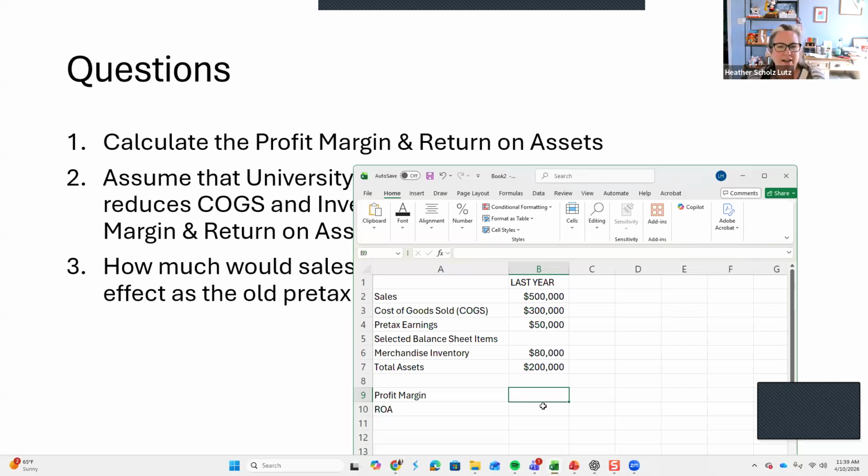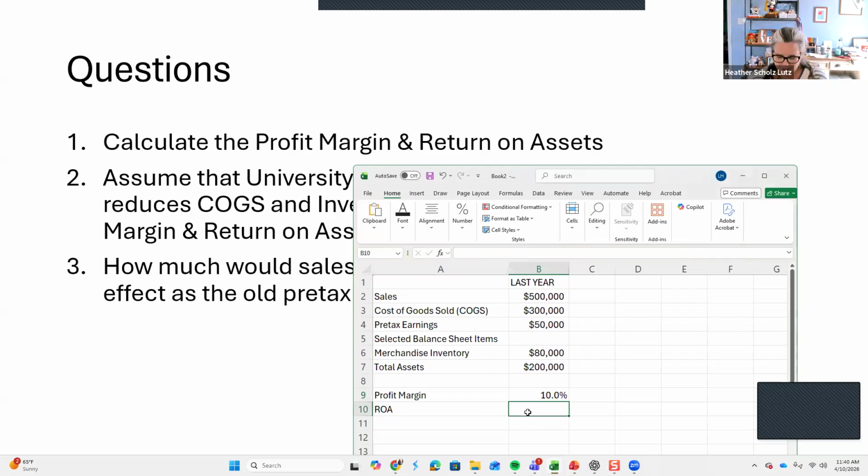Remember, your profit margin is equal to your pre-tax earnings divided by your sales. In this case, that's $50,000 divided by $500,000, and we get 0.1. I'm just going to change this to a percent. So there's a 10% profit margin, and we'll go out one decimal place.